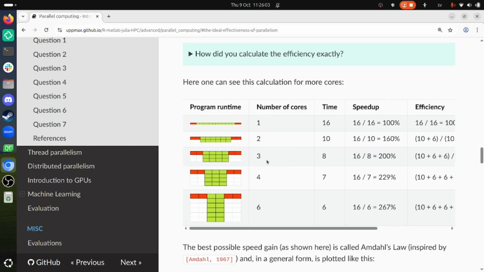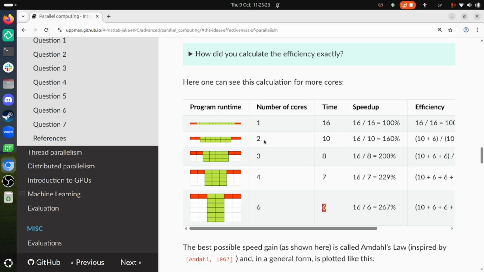So here we have 3 workers, 3 cores, 3 threads, 4 workers, 6 workers. I'm going to take a look at the speed up. Because with 1 worker or 1 core, it takes 16 time units. With 2, 10. With 3, 8. With 4, only 7. And with 6, 6 time units.